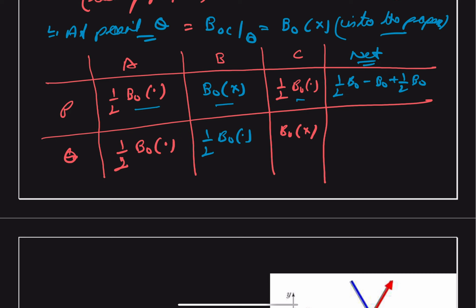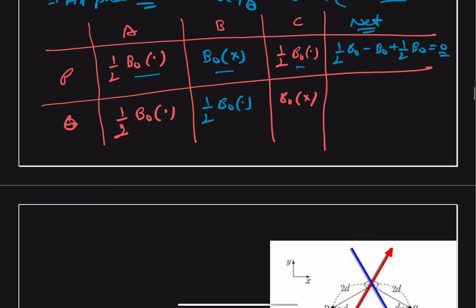Similarly, for Q also, we add them, we get half B naught plus half B naught, and minus B naught, and this will also come equal to 0.